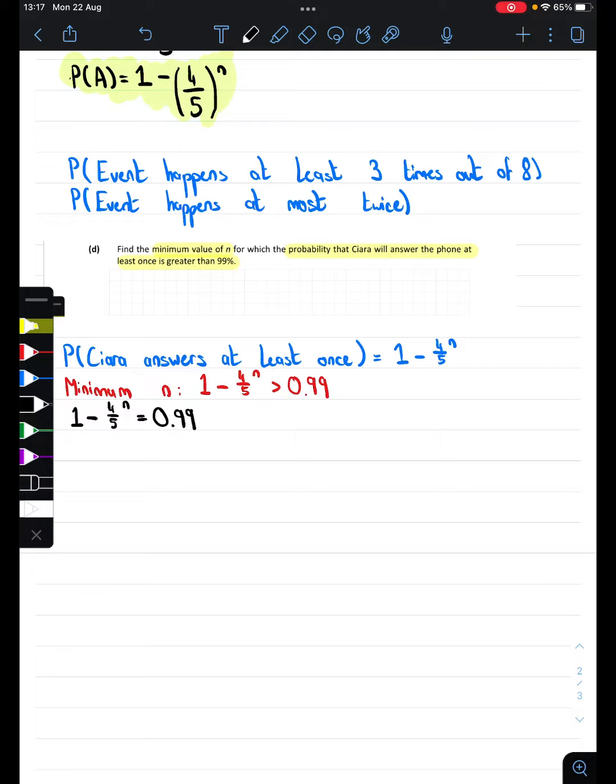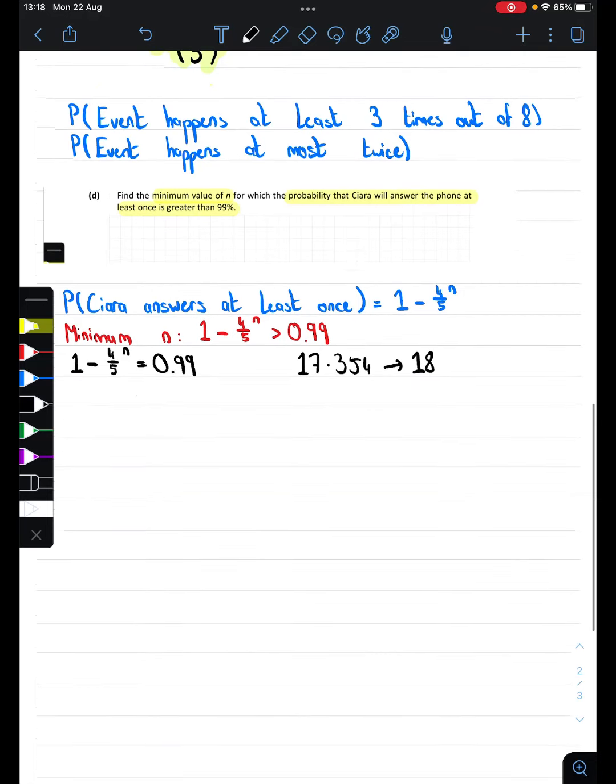So if this is something like, let's say, 17.354, then after 17.354 times calling, there's a 99% chance, but 17.354 times calling doesn't really make any sense. So the smallest n such that there's a greater than 99% chance will just be the next. So we'll just always round up from whatever we get here.